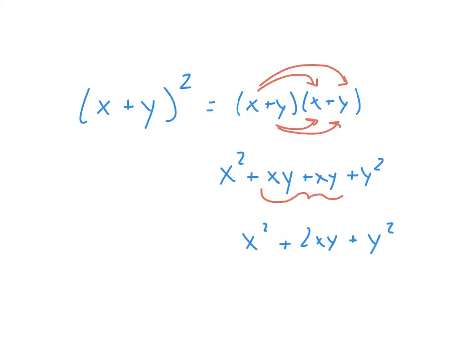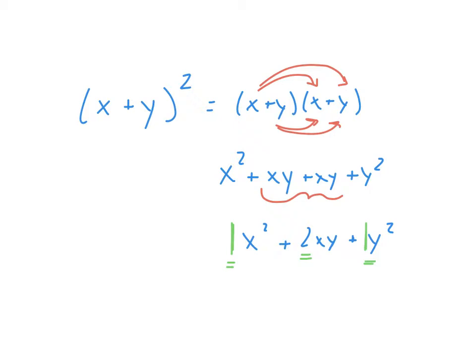And I want to point out to you that there are coefficients here. There's a 1 in front of the x squared, right? We just don't usually write it. There's this 2 that ends up in front of the xy, and then there's another 1 in front of the y squared. And we now know that Pascal's triangle and the binomial theorem can predict those coefficients every single time.